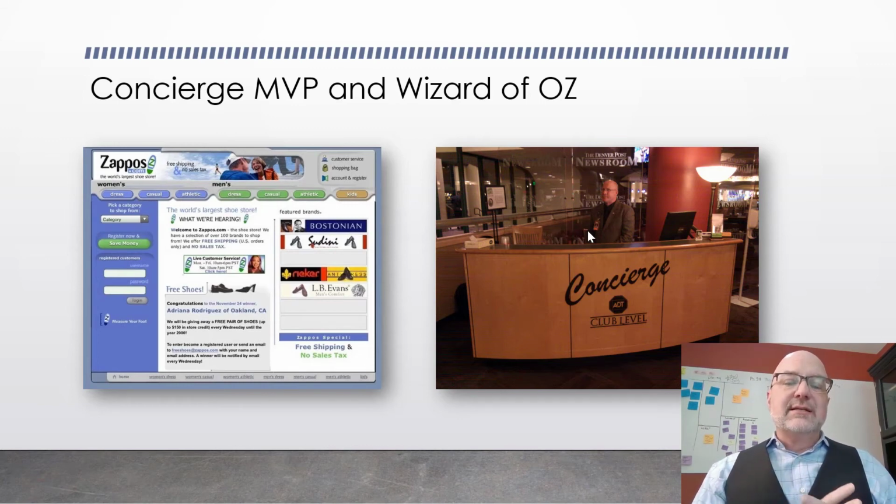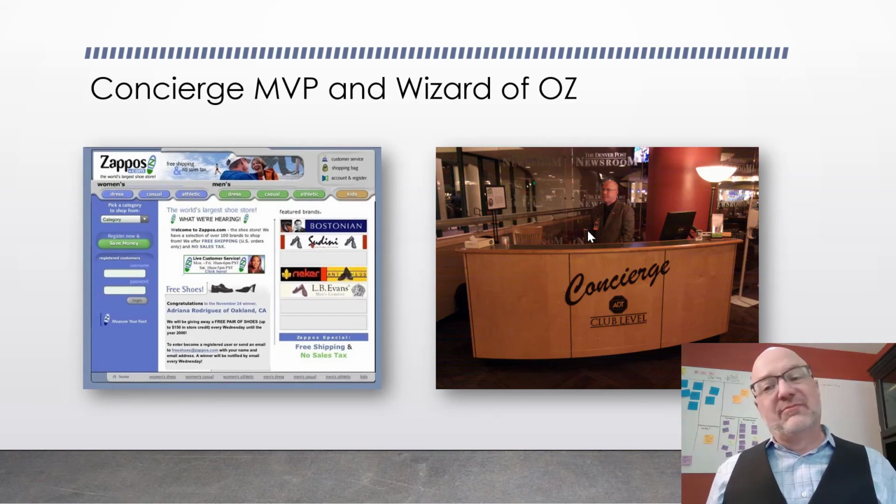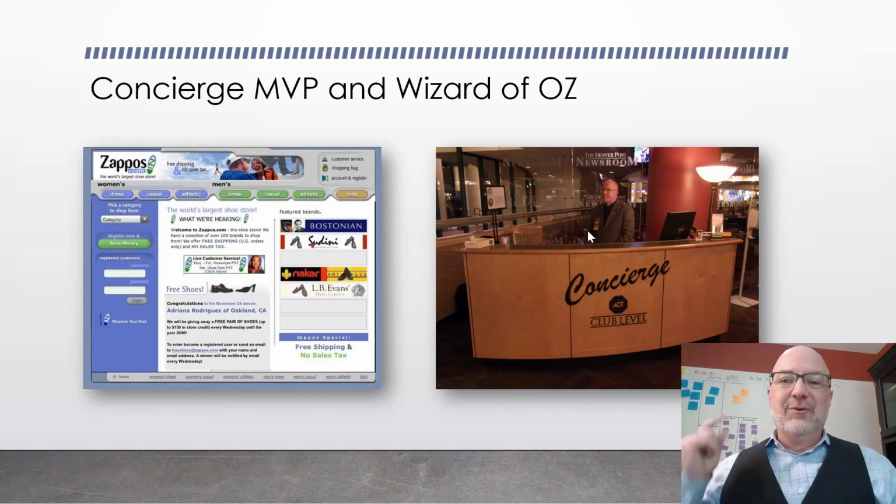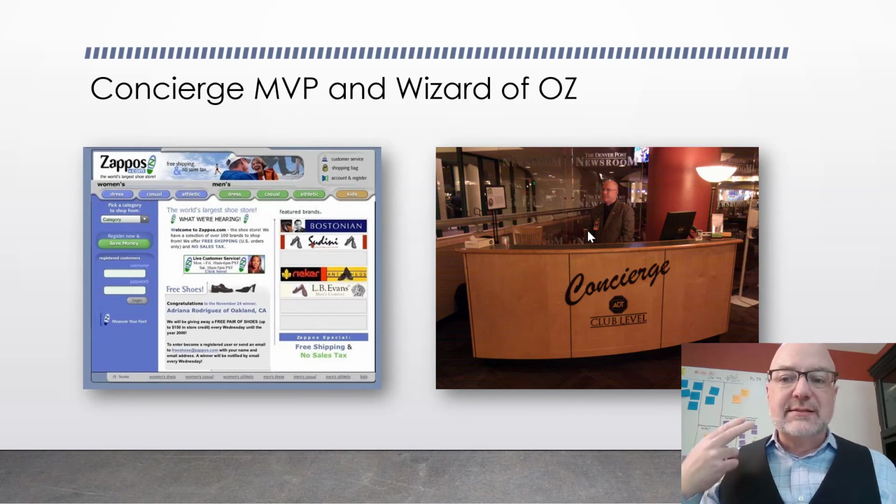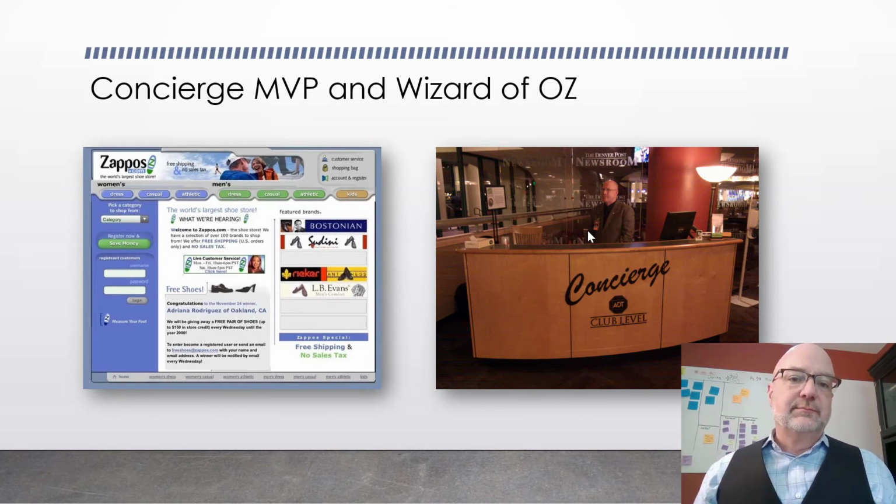The Wizard of Oz is the "pay no attention to the man behind the curtain" line. That's Zappos, right? They didn't tell you that there wasn't really anything behind this web page, but they made it look like there was, like the Wizard of Oz made it look like there was a wizard there. Concierge just comes right up front and says, we ain't got anything, but we'll do this. If you're interested, we'll manually do this for you. Not scalable, but it's useful for proving the concept out.